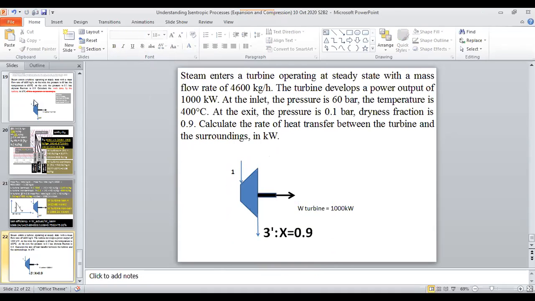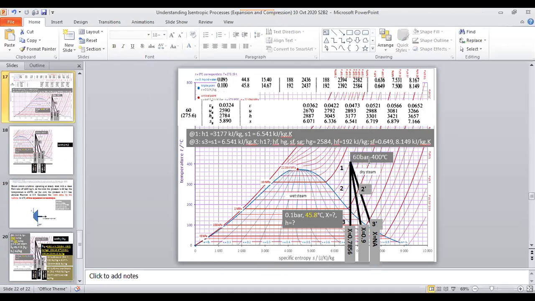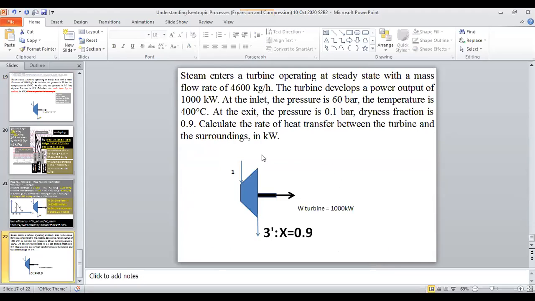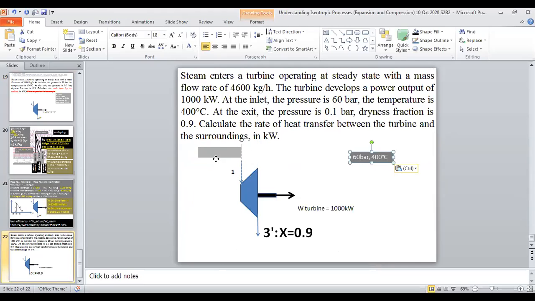Of course, you have an idea about the inlet: 60 bar, 400. This is inlet.